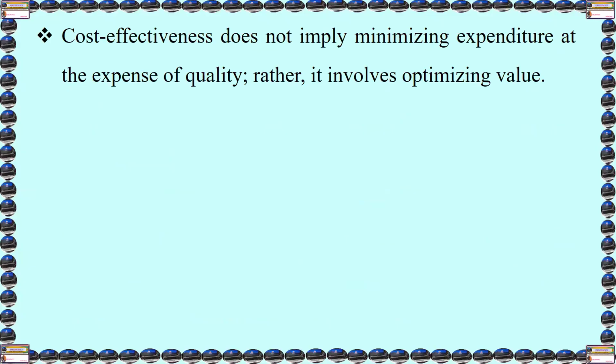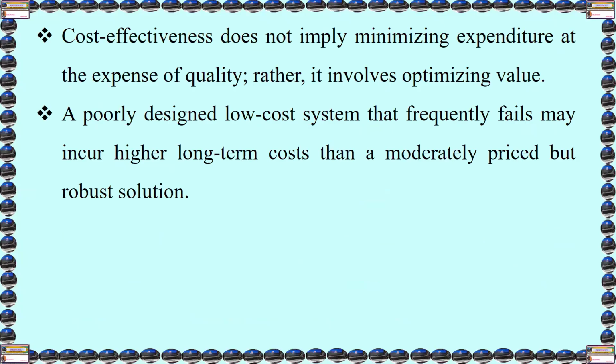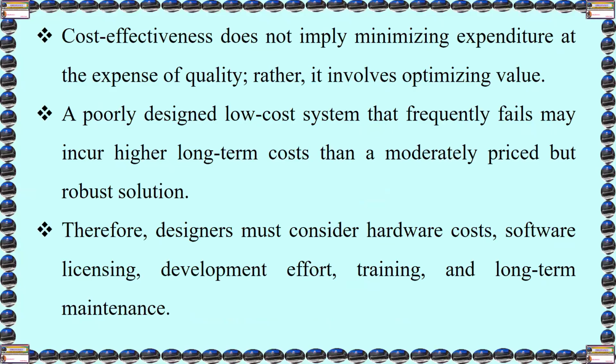Cost effectiveness does not imply minimizing expenditure at the expense of quality. Rather, it involves optimizing value. A poorly designed low-cost system that frequently fails may incur higher long-term costs than a moderately priced but robust solution.